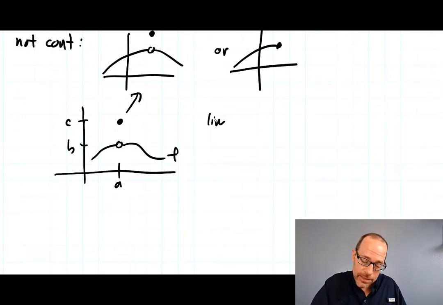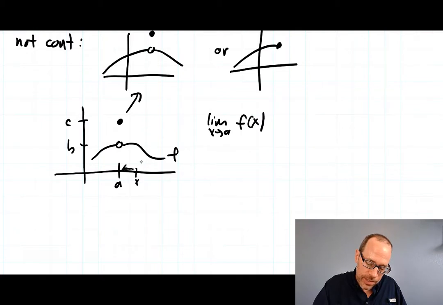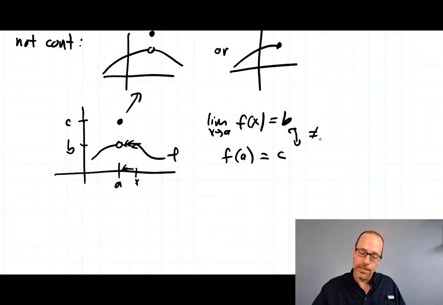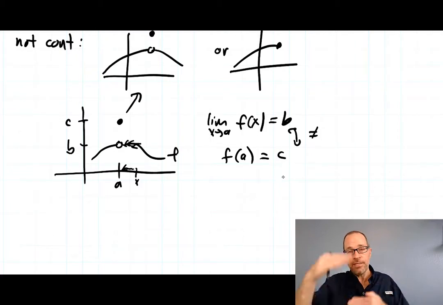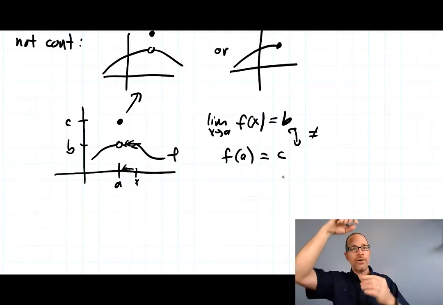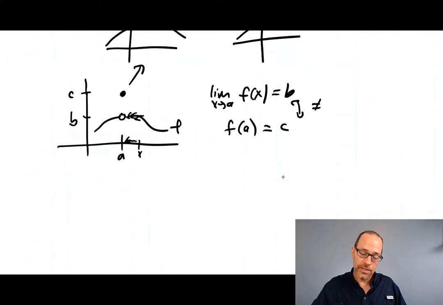The limit as x goes to a of f of x, well, your x is supposed to get closer and closer to a, and then you plug it into your f and see what happens, and f of x will be getting closer and closer to b. But the actual value of f of x, if you plug in a, is this c. And these are not the same. So whenever the limit of f of x as x approaches a is not f of a, that means there's some kind of break in your graph. The limit's what it's trying to get close to. The value is what the value actually is. And if they're different, it's not continuous.